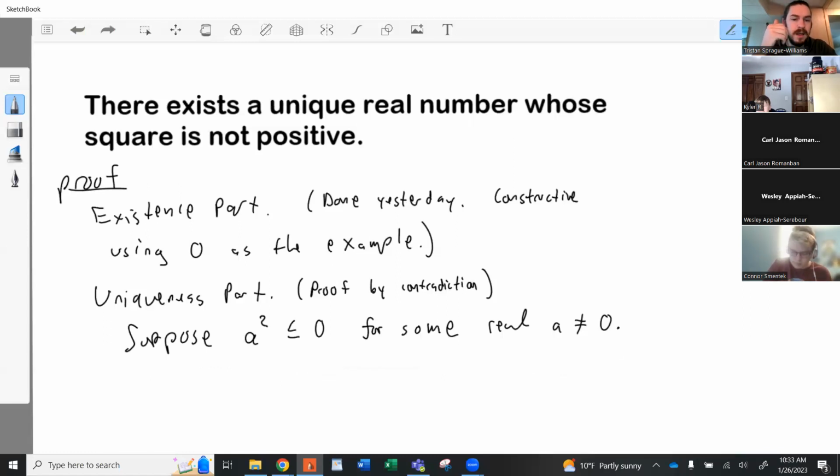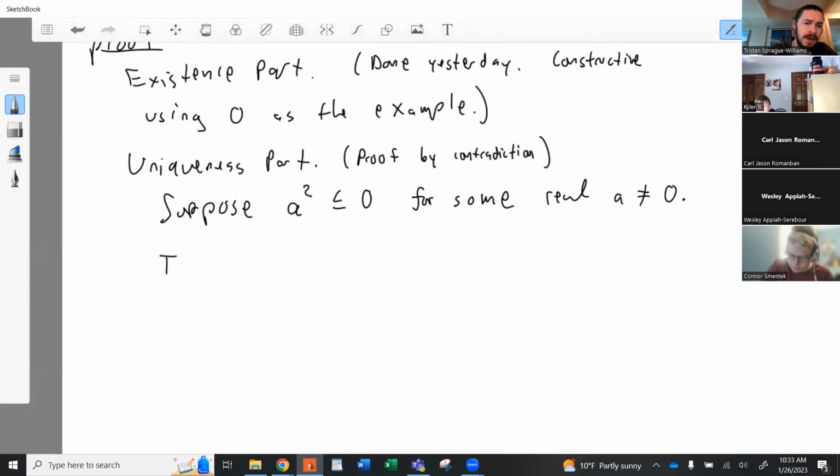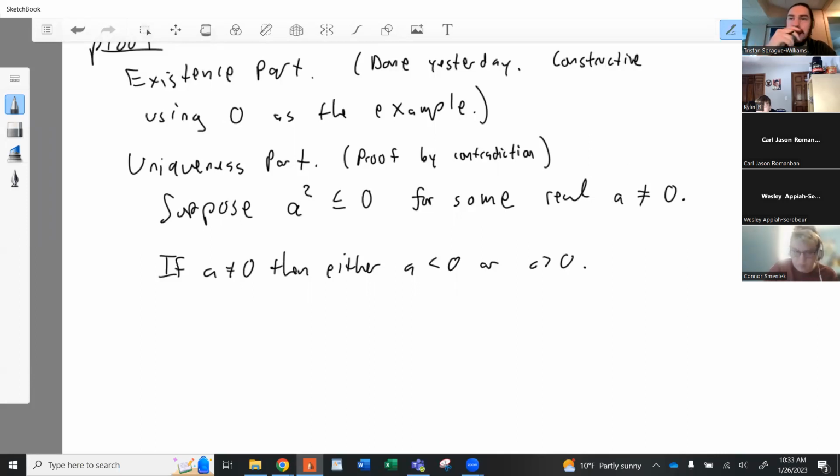I think it's sort of hard to see how to do this, but I think cases might be good. If a is not 0, then either a is less than 0 or a is greater than 0. And we can rely on our very basic understanding of arithmetic here.